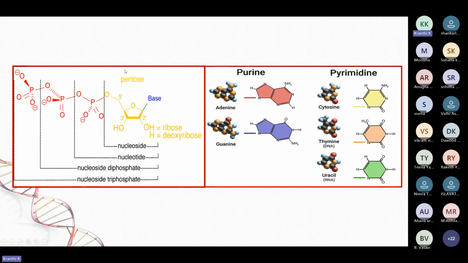Third one, nucleoside triphosphate. Then coming to the purines and pyrimidines, always the purines are double ringed structures, and pyrimidines are single rings. How to remember this? Pyrimidine, single ring; purines, double ring.